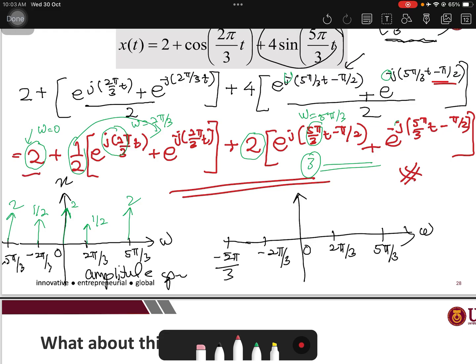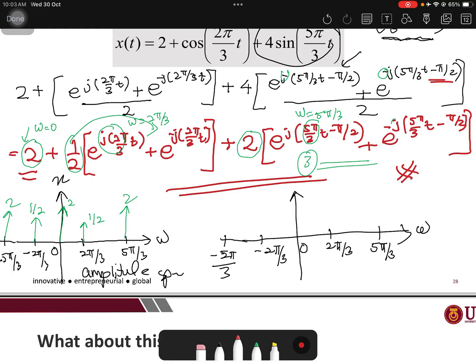What about the angular frequency of 2π/3? The phasor is also 0. You don't have any angle for both sides of 2π/3, so let it be.